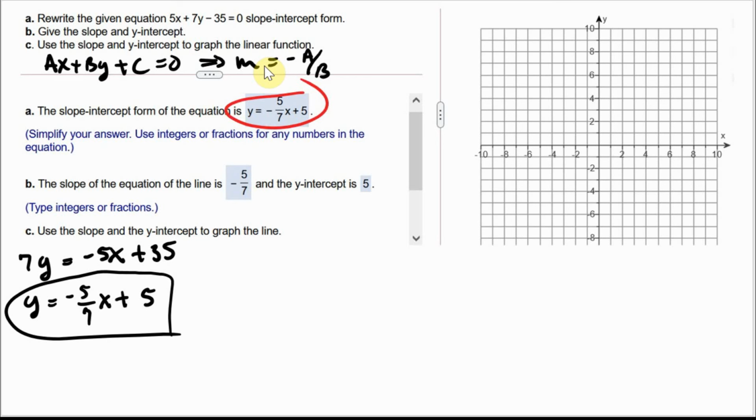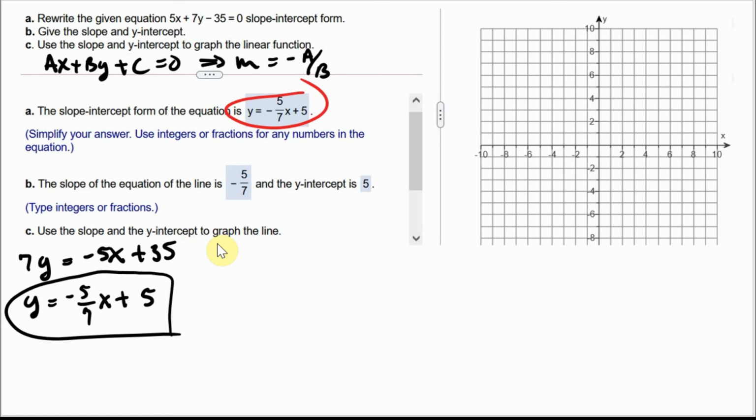If it's in that form, then the number multiplied to x is the slope, and the number out here by itself is the y-intercept. Take those two numbers, and I can plot and graph the straight line. So use the slope and y-intercept to graph.